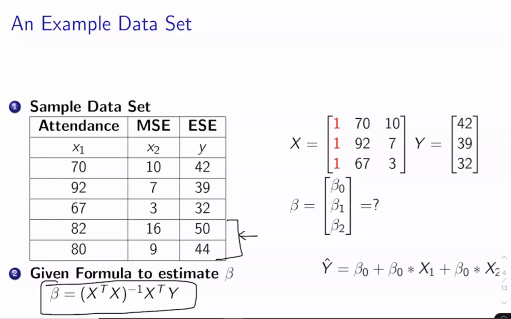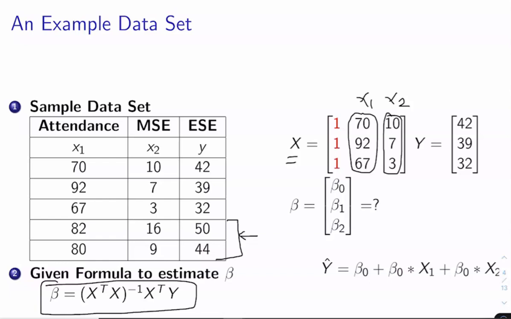From the input data set, this X matrix is a matrix of feature vectors, where x1 is our attendance and x2 is our mid-semester examination marks, which I have separated from the input file that we have read here.